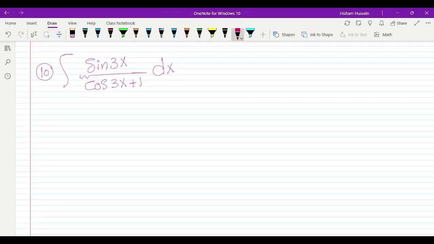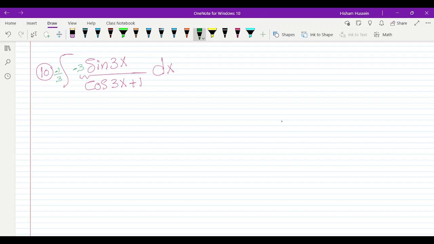Now, thinking of this integral, here we have sine 3x divided by cosine 3x plus 1. Already we know that the derivative of cosine is negative sine, as we mentioned before. So simply multiply by negative 3 in and divide by negative 3 out.